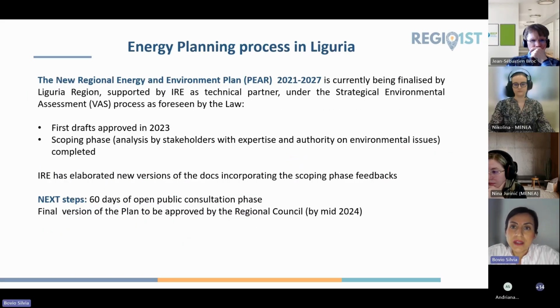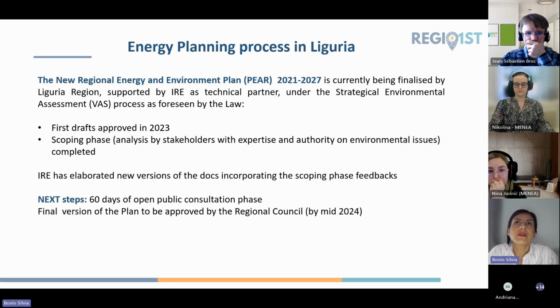Okay, about the energy planning process in Liguria. During these months, we are working a lot on our new regional energy and environmental plan, and that now is currently being finalized by Liguria region, and of course with the technical support of IRE.